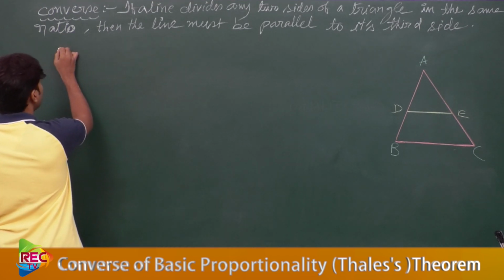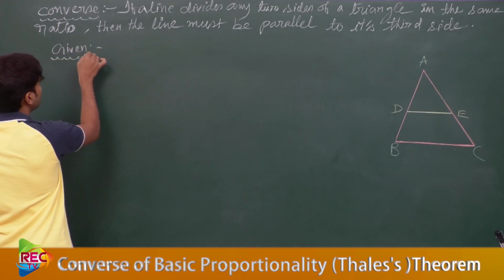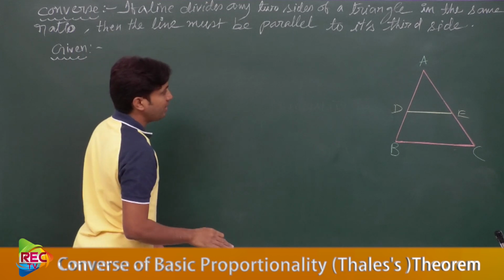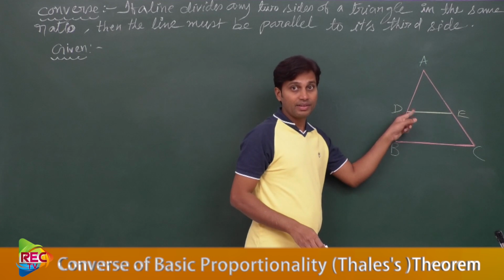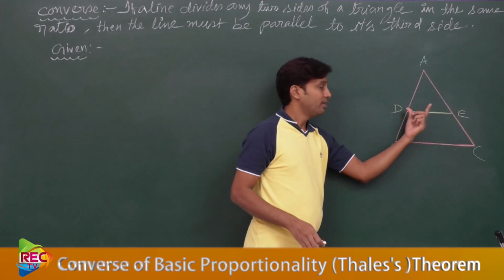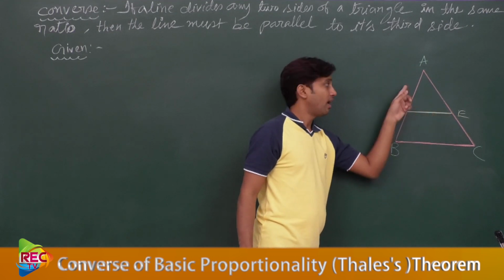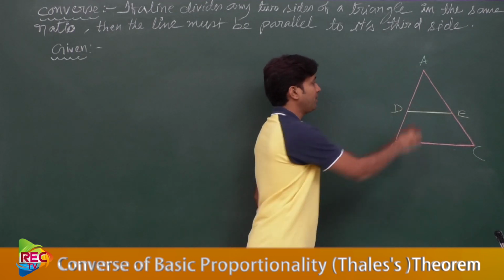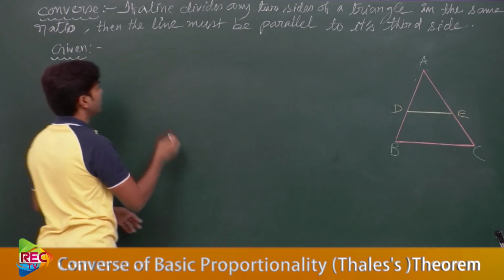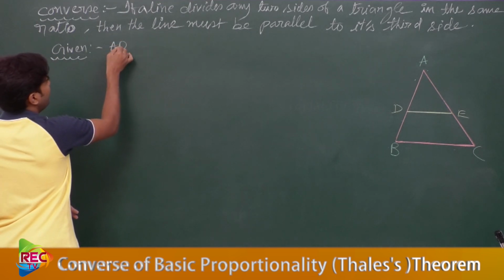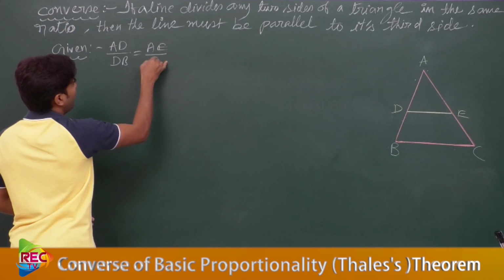What is given? The given data is otherwise known as the hypothesis. We are given that the ratio of the two sides divided by this line is equal: AD by DB equal to AE by EC.